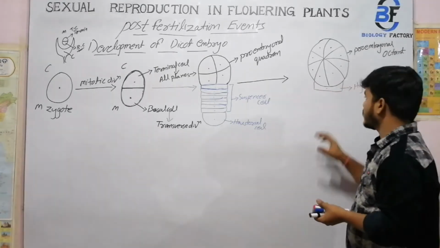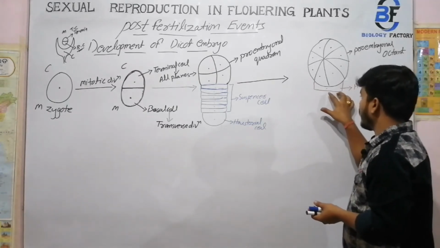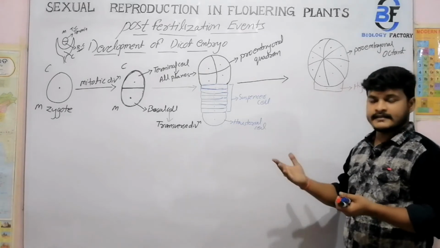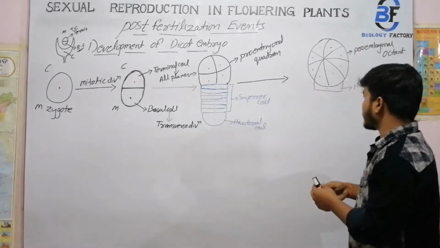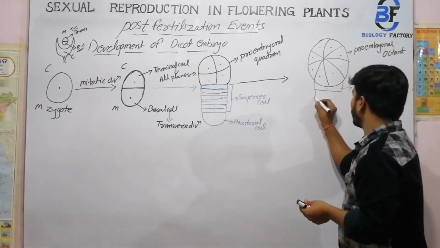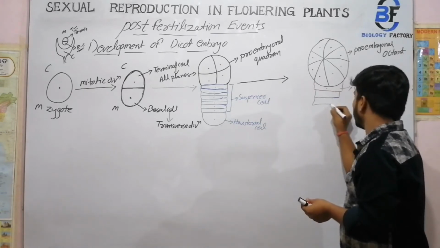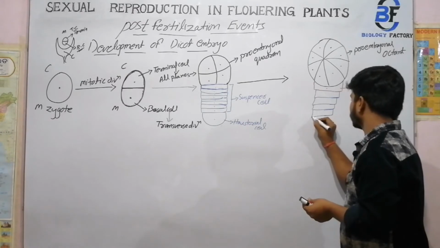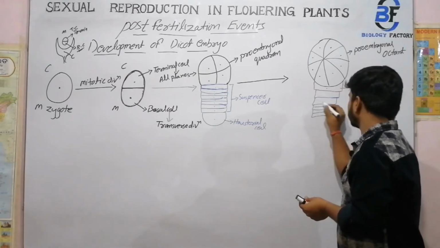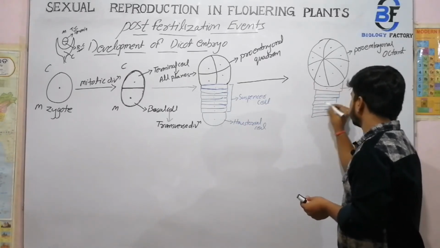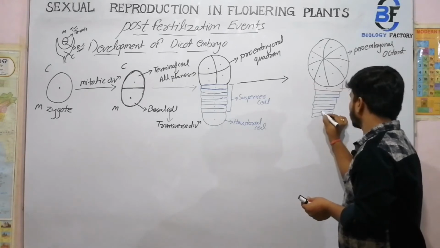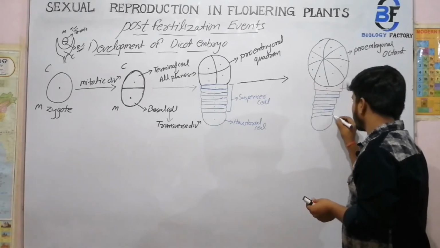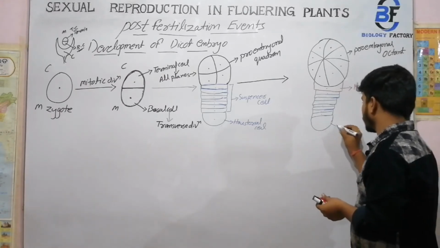Next, what happens? A single cell of the suspensor has changed, and all the other cells are as they were.